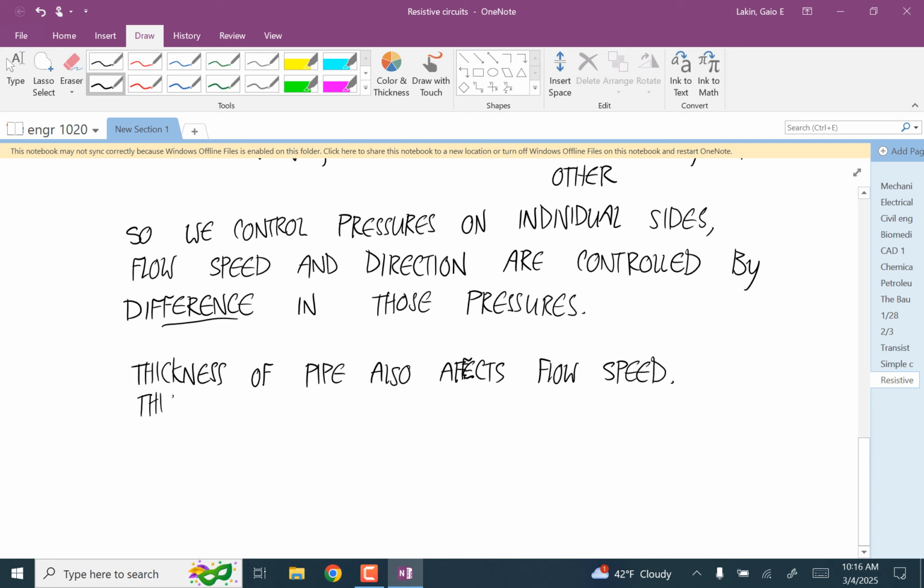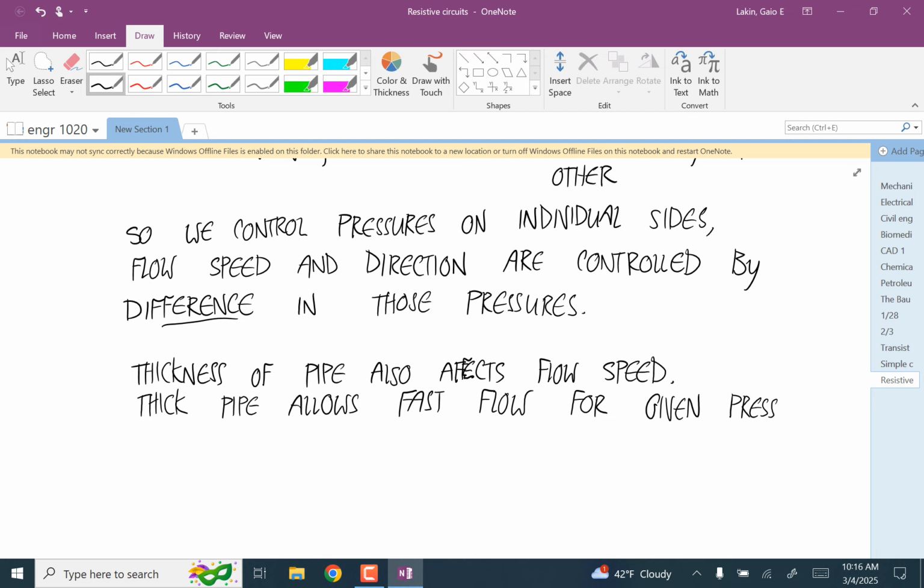So a thick pipe allows a fast flow for a given pressure difference. You're talking about the thickness of the actual wall of the pipe, right? Not the wall, the gauge or whatever of the pipe, okay.